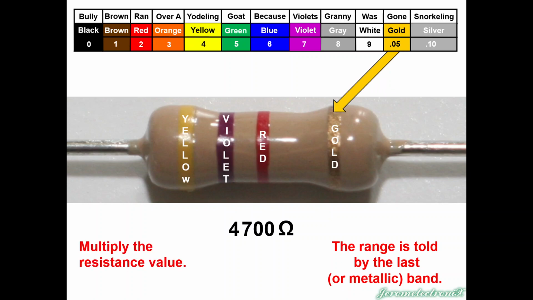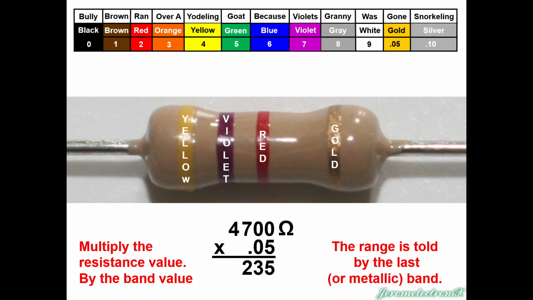So what we do to figure out the full range of resistance of this resistor is we take that 0.05 that is associated with the color gold, and we're going to multiply the 4,700 ohms of resistance by that 0.05. We could also multiply it by 5% and we'd get the same number, but we multiply it by 0.05.